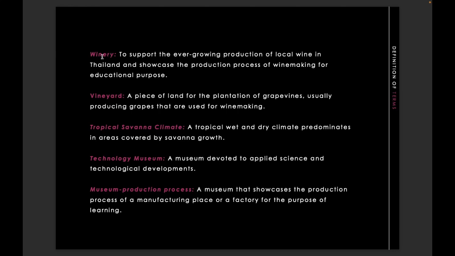In this case, there are at least 5, 7, 10 words referring to all the terms that will appear. So we have winery, vineyard, tropical savanna climate, technology museum, and museum production process, because these things will be explained later in the different chapters, and there will be a lot of references to these keywords, to these terms.